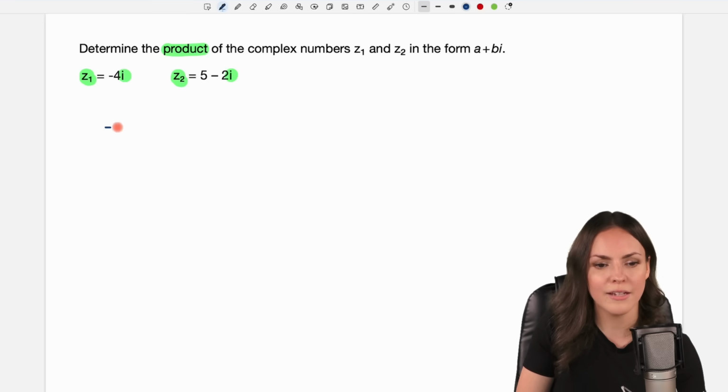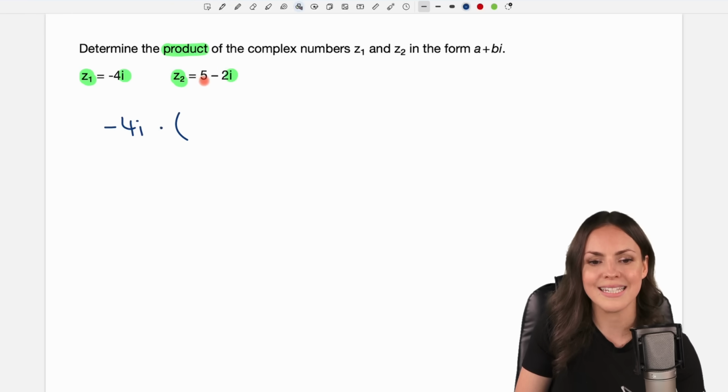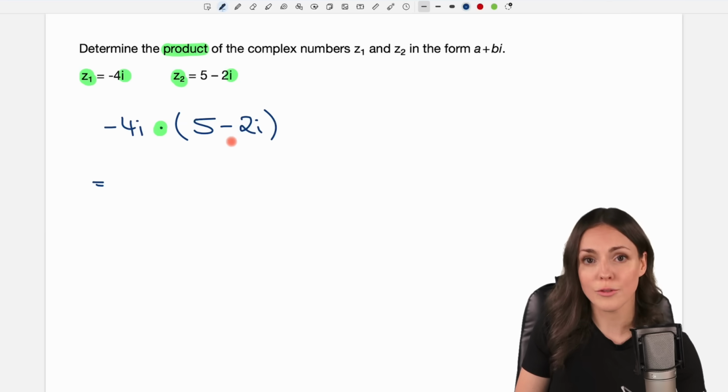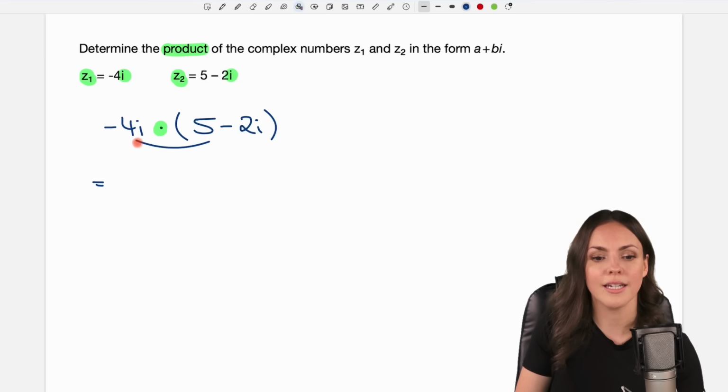We have -4i, and we want to multiply this by this complex number, so we write it in parentheses because here we have this 5 minus 2i, and we want to make sure that everything of this number is going to be multiplied by this element here.